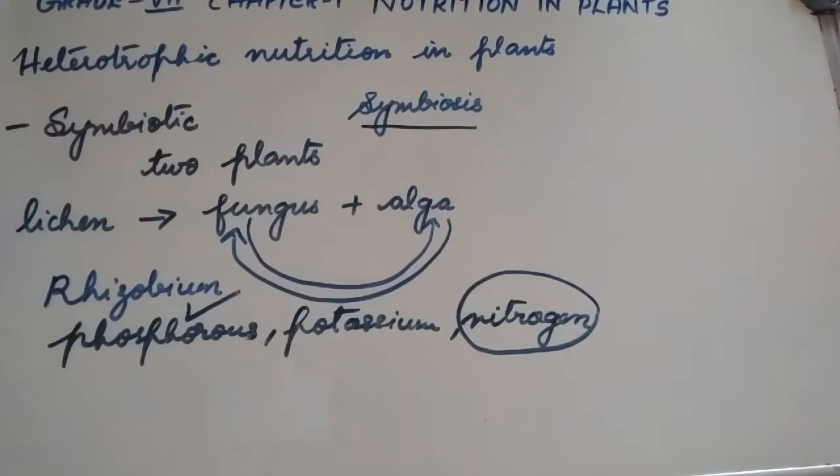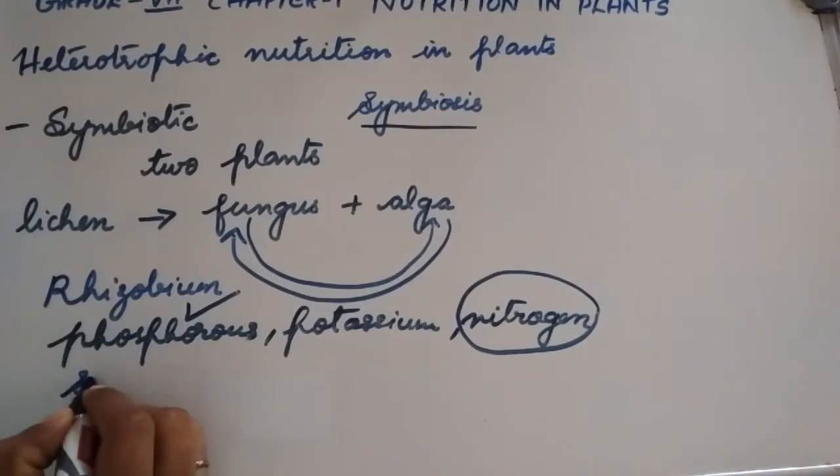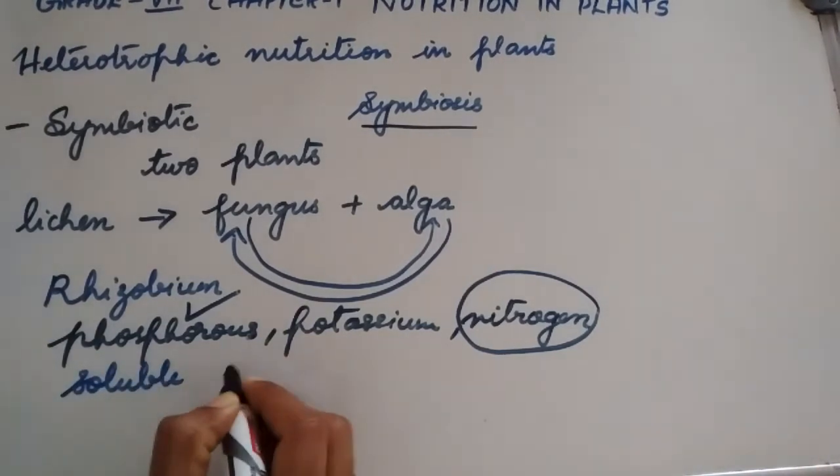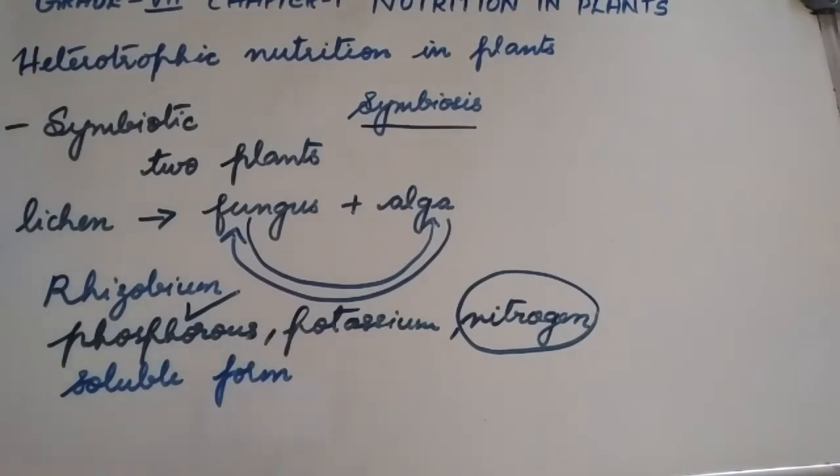Plants cannot use atmospheric nitrogen, that is the nitrogen which is present in the air. If this nitrogen present in the air is converted to the soluble form, plants can use it.